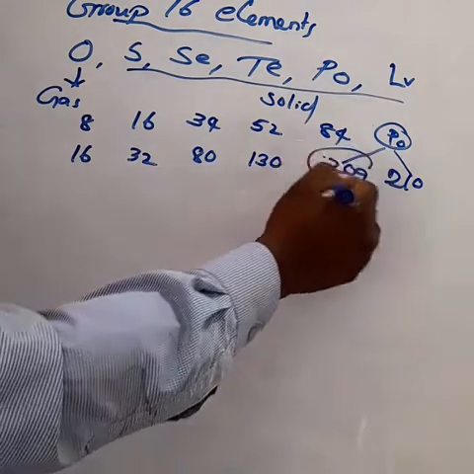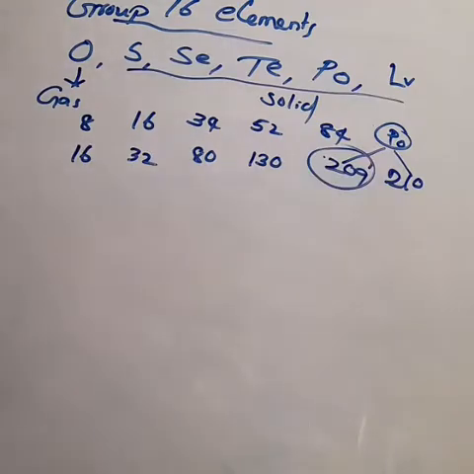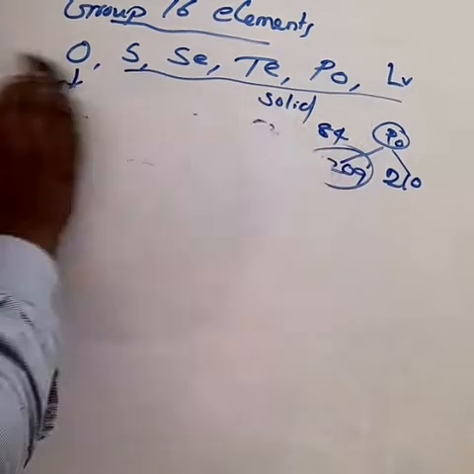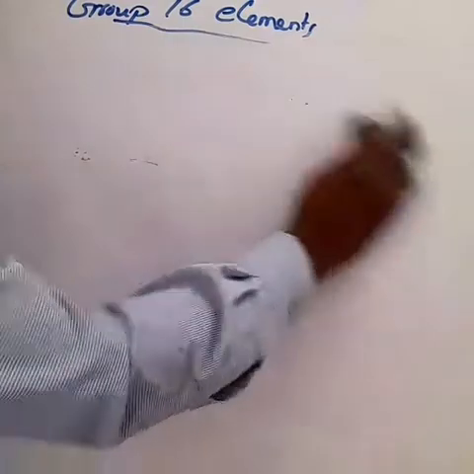These are the atomic masses at 293 Kelvin. The electronic configuration you have already gone through. If you have any doubt, please call me. Helium core is used for oxygen, neon for sulfur, argon for selenium, Kr for tellurium, and xenon, Xe, for polonium.